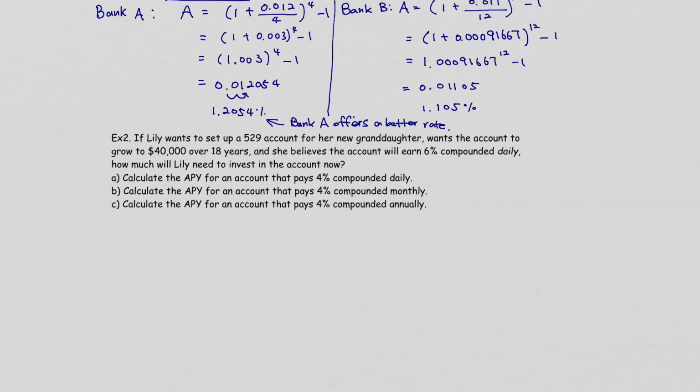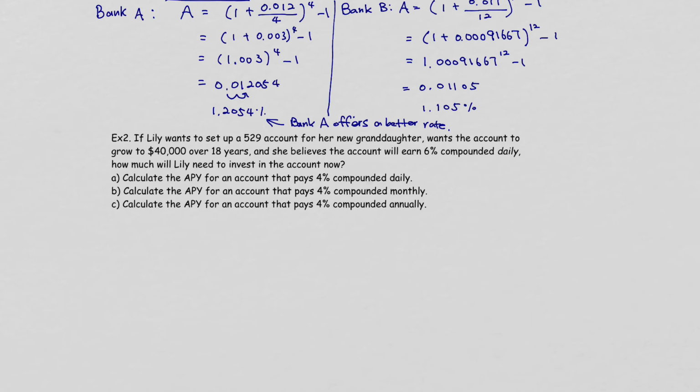So now let's look at example 2, right? Example 2: Lily wants to set up a 529 account for her new granddaughter. And she wants the account to grow all the way to 40,000 over 18 years.